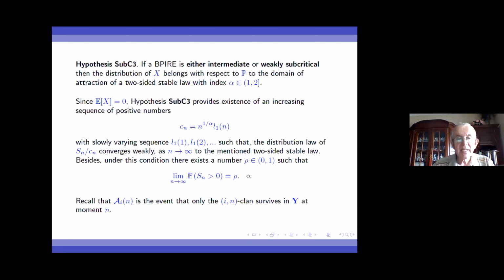And in this case, again, we are able to consider different conditions, for instance, the probability that our random walk will stay positive at some distant moment, and this new parameter rho will play the role, not only the stable distribution but also the parameter rho. And in this case, for different situations, we will have different conclusions.